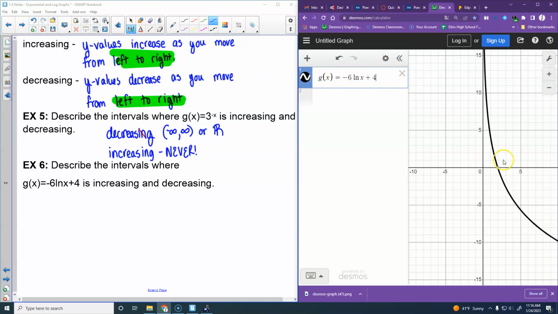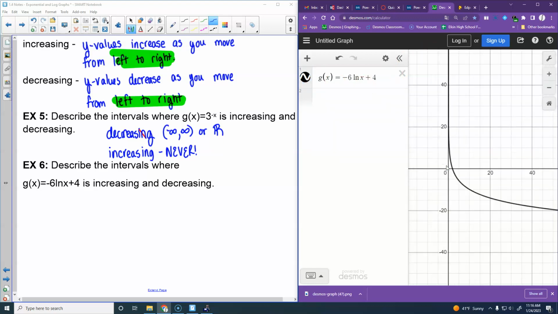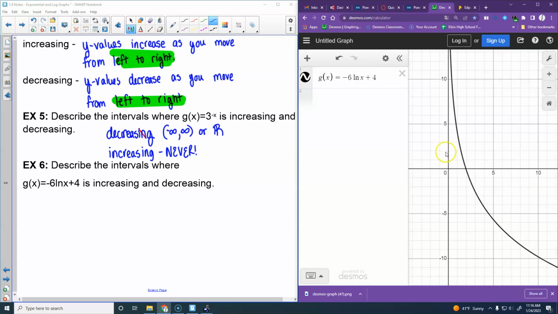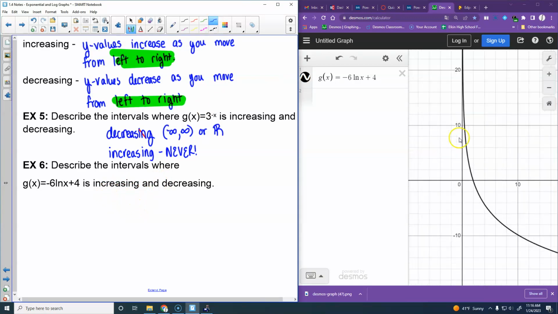All right, so when I look at this, I think I have a vertical asymptote there. Where does it look like it's at? Looks like it's at 0. My domain for this will be from 0 to infinity.